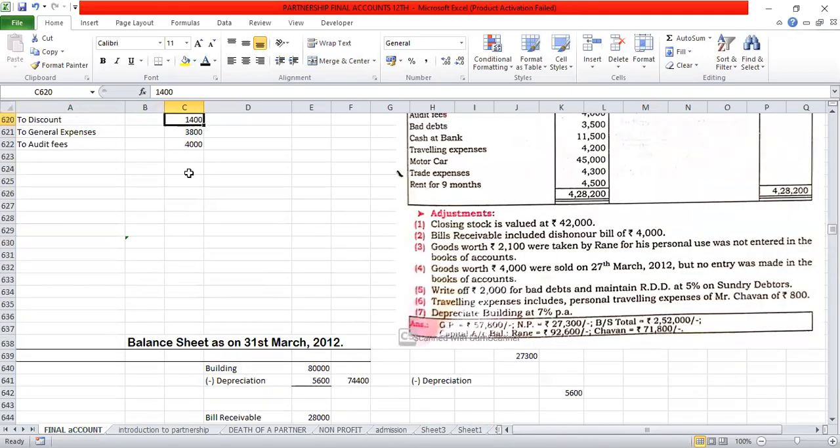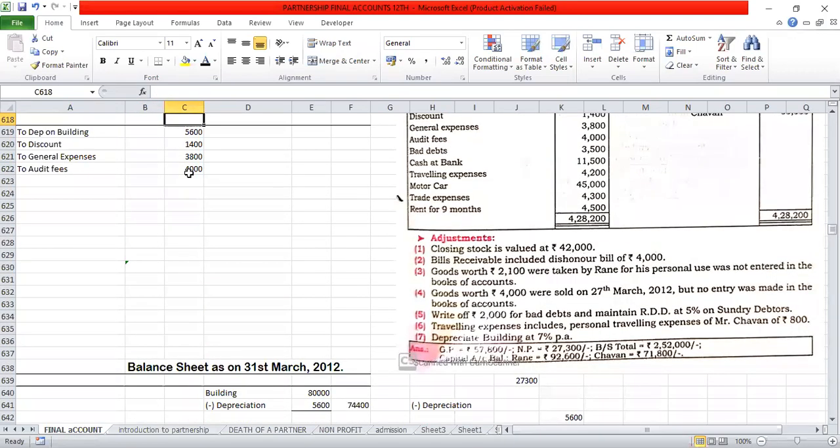Next, after cash at bank, we have traveling expenses. Where do we take traveling expenses? Profit and loss account debit side, inner column 4,200.